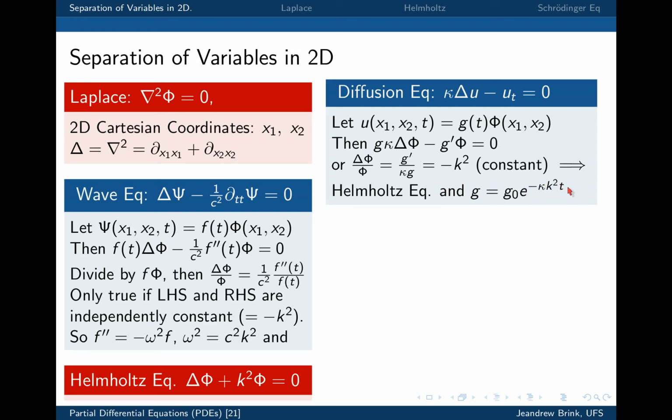Remember we had the Green's function for the heat equation, and it also had this exponential decay. And so in the separation of variables, the exponential decay becomes obvious because you've made this ansatz. So g is then known up to this constant k that we don't know, and we must still solve the Helmholtz equation in 2 dimensions.